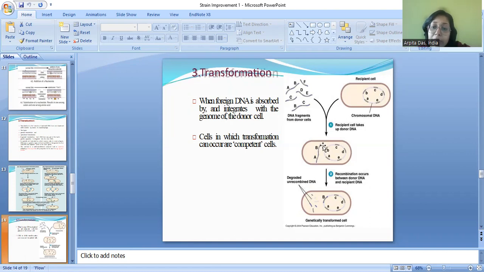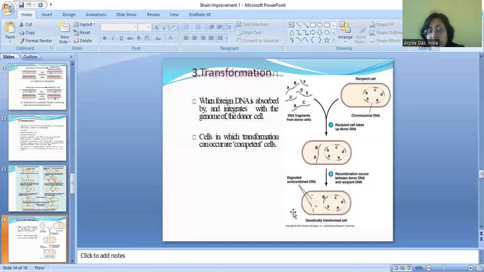You can see capital A and B parts came into the microorganism, and recombination occurred between the donor DNA and the recipient DNA. The small b part gets out from the genomic DNA, but the capital B part is incorporated over here.